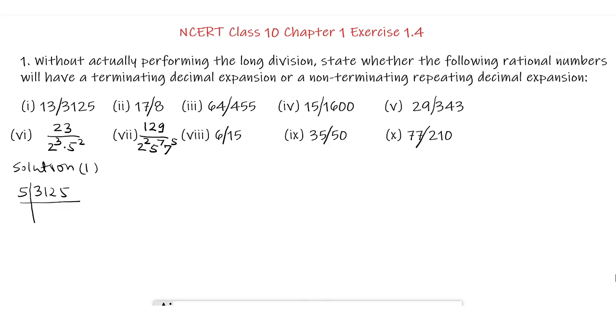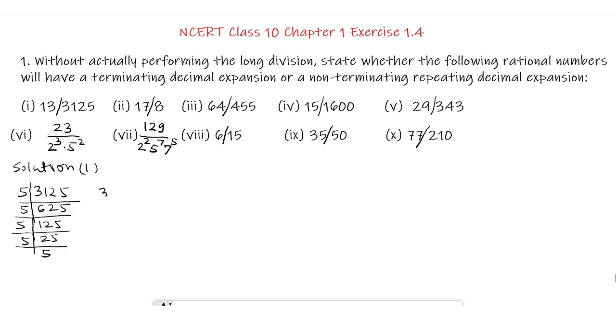So we divide it by 5. 3125 when divided by 5 gives us 625. Now again we divide it by 5. So we get 125. On dividing again by 5, we get 25. Then it is further divisible by 5 and we get the quotient as 5.